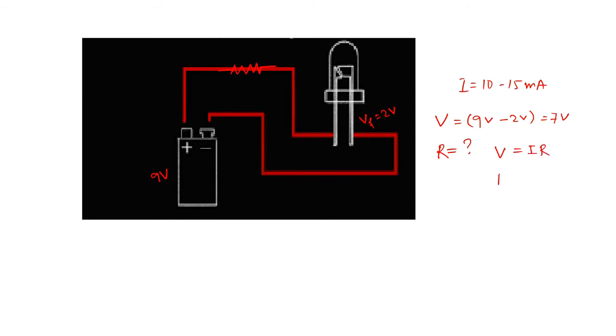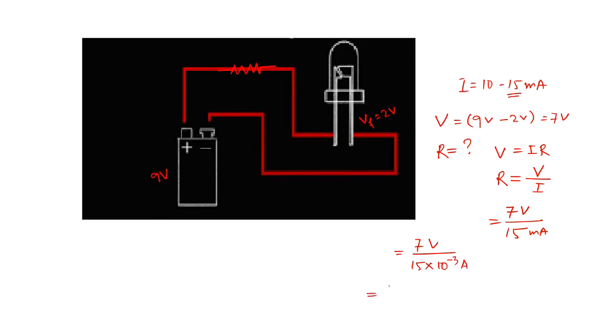To find R, I simply divide V by I. My V value is 7 volts, and I consider the maximum threshold of current, that is 15 milliamps, which must be converted into amps. So 7 volts divided by 15 times 10 to the power minus 3 amps.